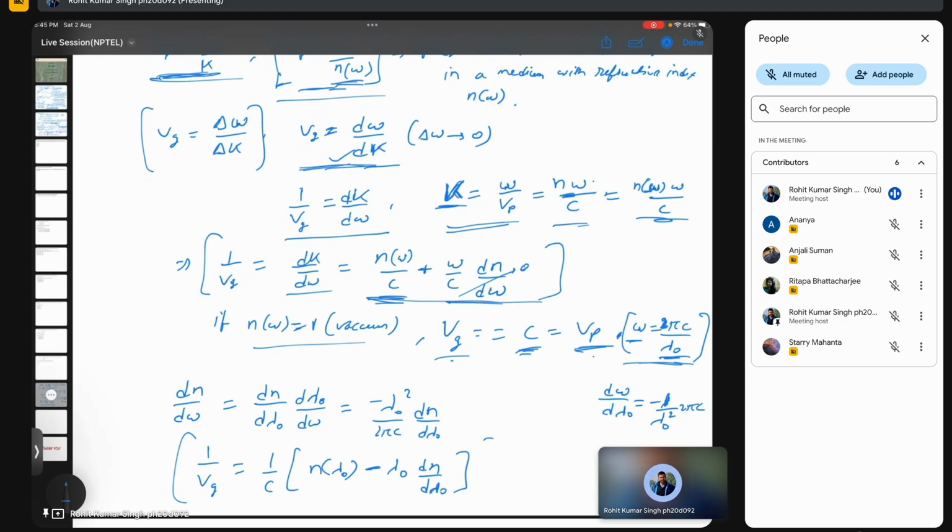So now you have the group velocity expression for an electromagnetic wave, or light, in a medium, as a function of the wavelength of light in vacuum.